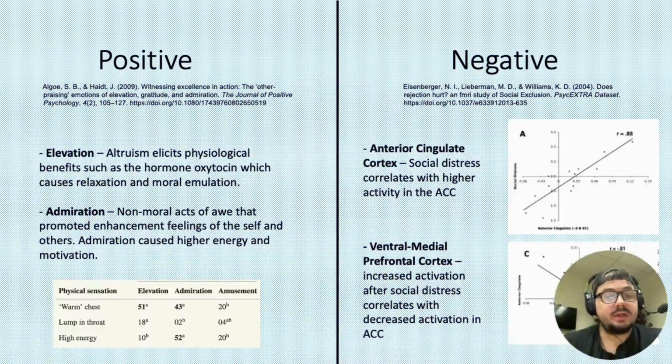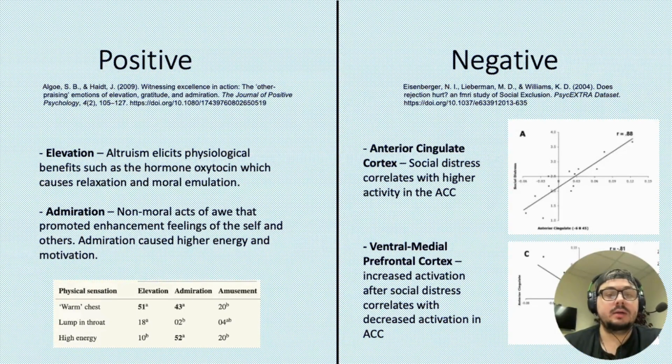Here we see two more studies, one which deals with more positive aspects of social emotions and one with more negative aspects. On the positive social side, people were tested on watching videos where somebody does an act of altruism, or somebody does acts worthy of admiration, but with no altruism behind it, they're just doing impressive things.